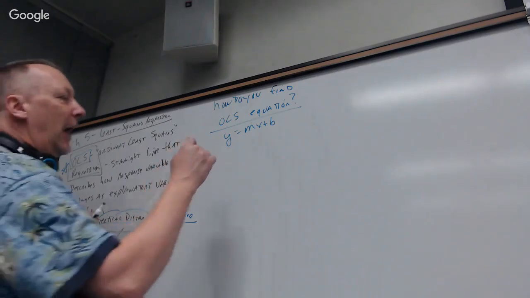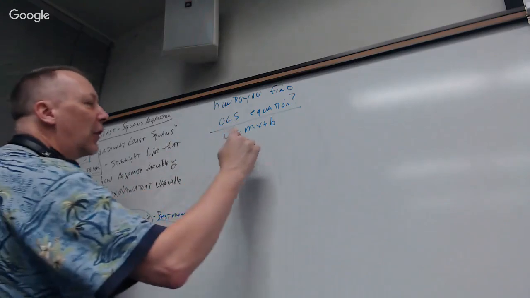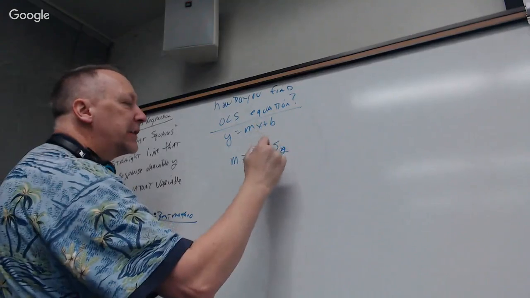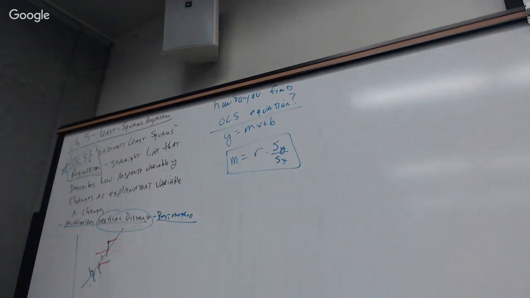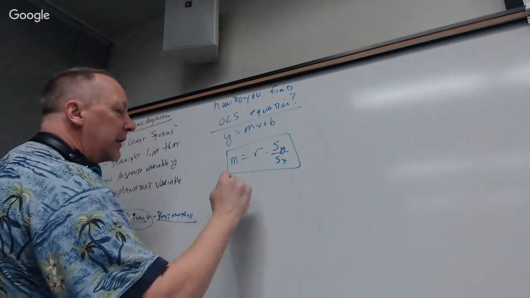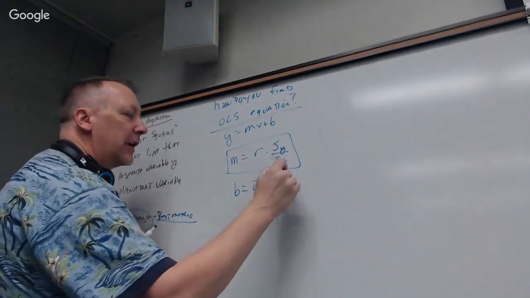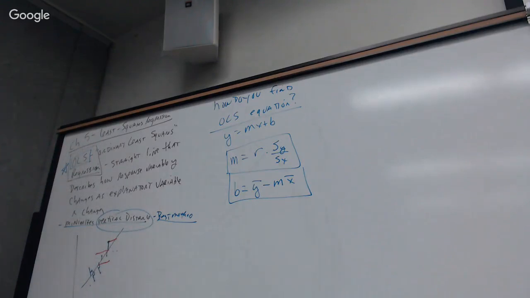So the idea here is your slope, m, equals r, your correlation coefficient, times s sub y over s sub x. So that's how they find the slope. And your b, your y-intercept, is y bar minus your slope that you just found, m times x bar. So those are your two equations that you're going to need to know for this section.